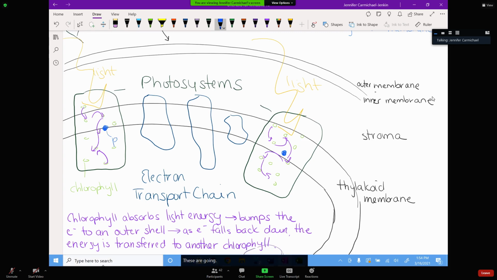These are going to be called primary electron acceptors. They now organize the energy. And what they do is, hopefully you guessed it, they send that electron through the electron transport chain.